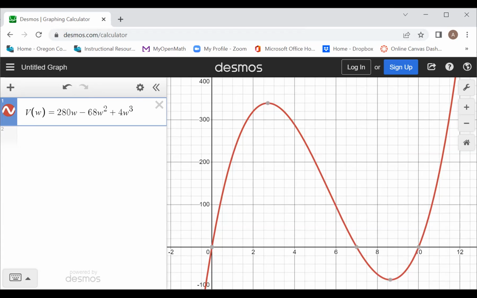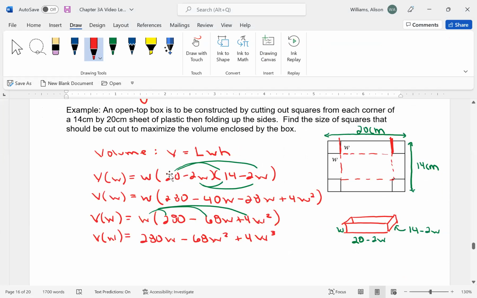Let me switch back to my notes to write that down. From the graph, using Desmos, I'm getting that W is 2.7 centimeters. That would be the best W to give me the maximum volume.